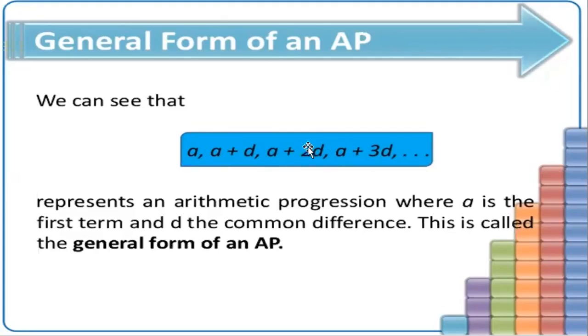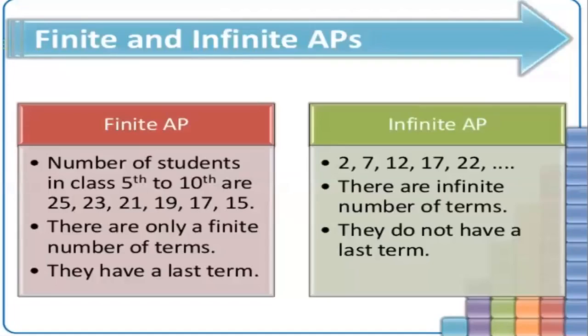Then again we add d to the third term to obtain the fourth term, that is a plus 3d. Likewise, we will obtain the next terms in the sequence. So the general form of an AP is a, a plus d, a plus 2d, a plus 3d, which represents an arithmetic progression where a is the first term and d is the common difference. This is called the general form of an arithmetic progression.